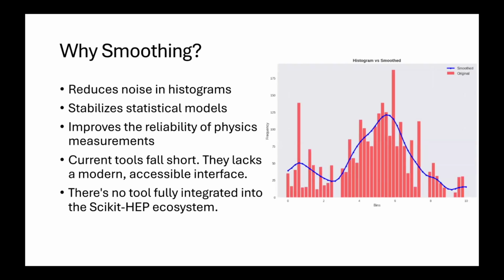So, why is it so important? Large Hadron Collider analyses use histograms, but to extract more useful information, we apply different smoothing algorithms to try and get more information from histograms.